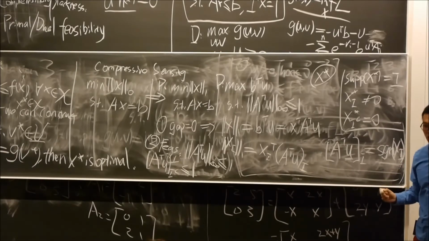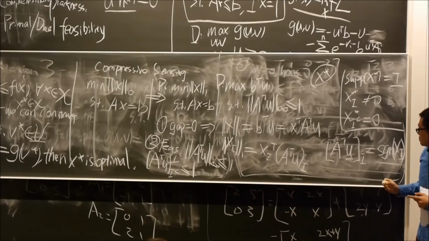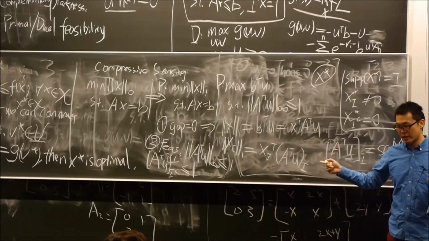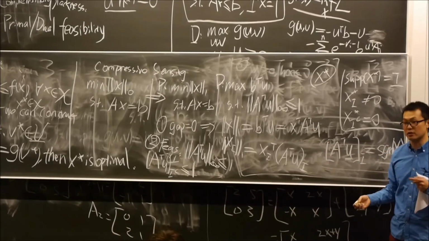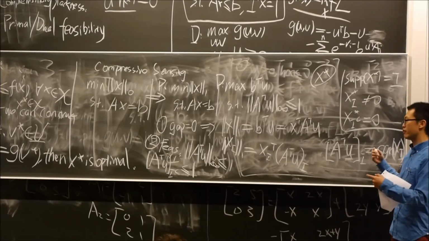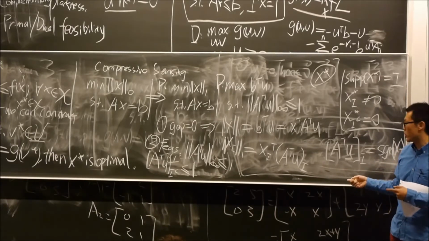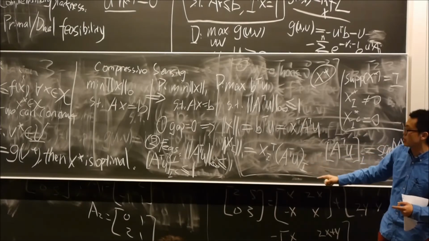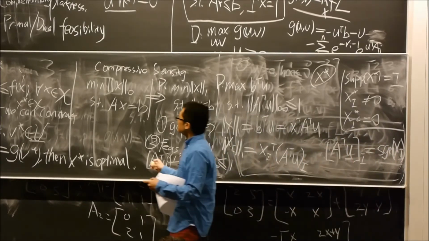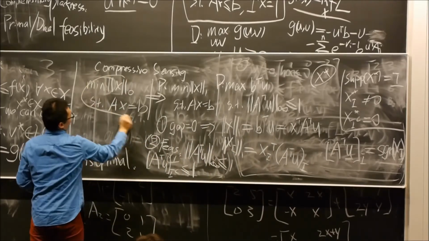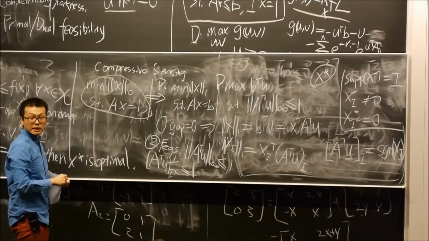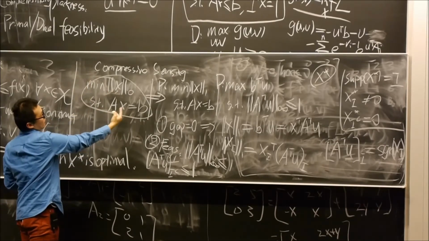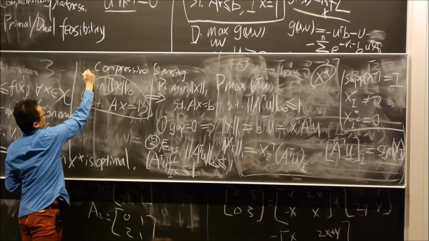It makes use of the property they call the restricted isometry property of matrix A, and constructs an infinite sequence, and as n goes to infinity, the limit point of this u will satisfy these two conditions. And this is the original problem we want to solve. Suppose we know that we have an x that satisfies this, and we call it x star.